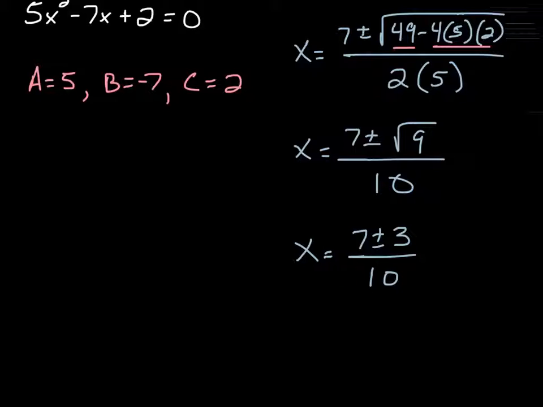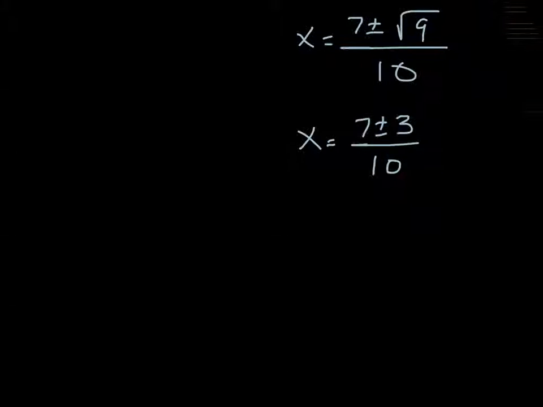Okay, and since this radical part simplified down just to a number, because the 9 was a perfect square, we need to evaluate our two answers that we have here. One is 7 plus 3 divided by 10, and the other is 7 minus 3 divided by 10. So we'll do the addition. 7 plus 3 over 10 is just 10 over 10, which is 1.